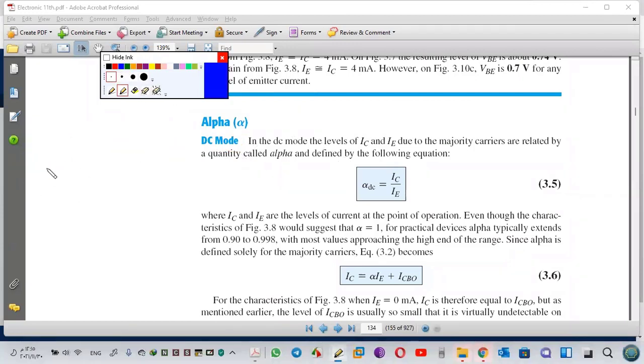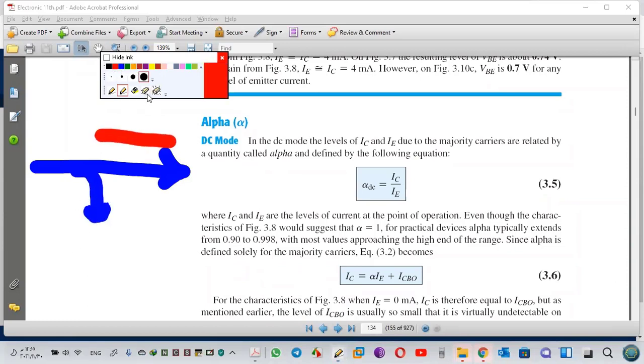If you remember, we have current starting from here to the collector, and a little bit goes to here. And we also have minority current.